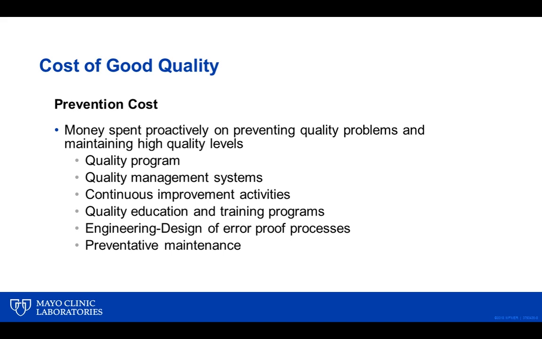So we're still talking about cost of good quality, and under that we had prevention cost. So the prevention cost, like we said, is money that you have to spend proactively on preventing quality problems and maintaining high quality levels. So if your lab spends any money in having quality programs, like having a quality assistant, quality director, somebody who is in charge of maintaining quality, this is money that is well spent in the prevention cost category.